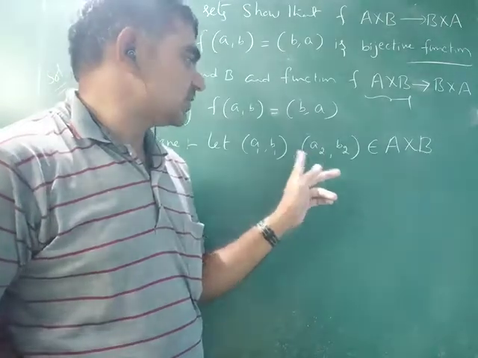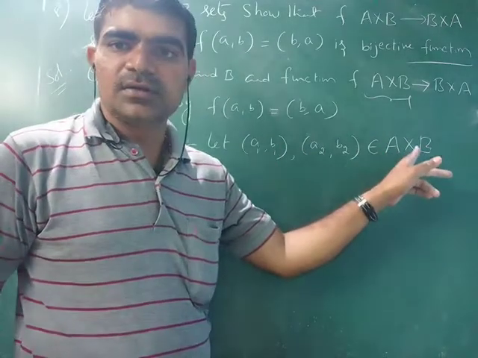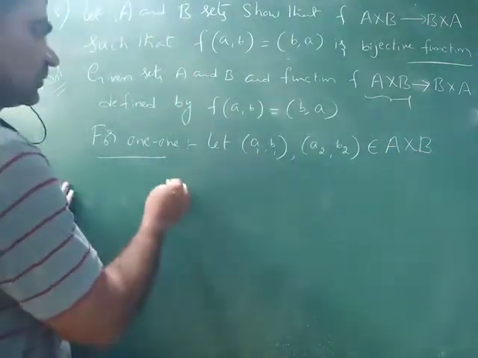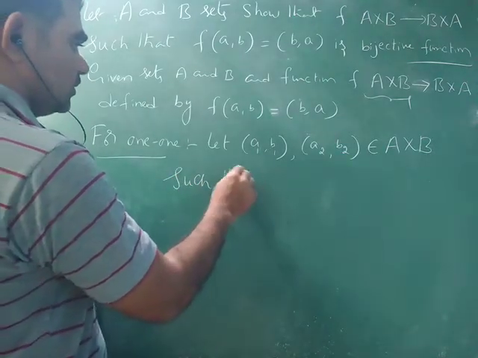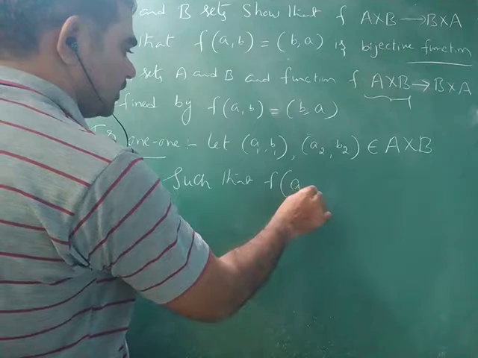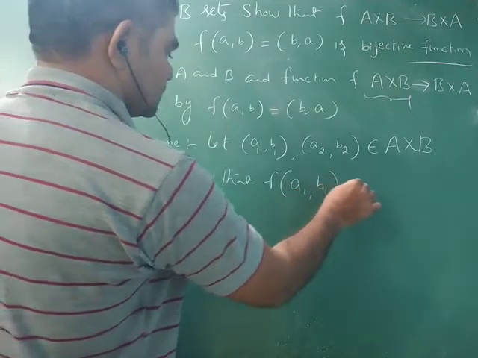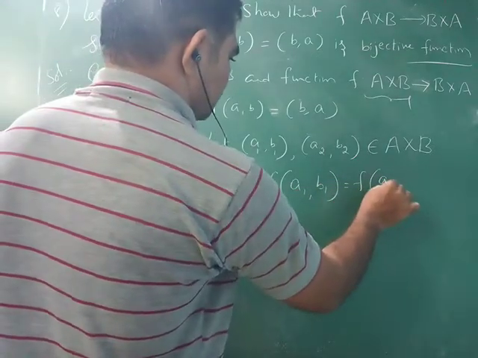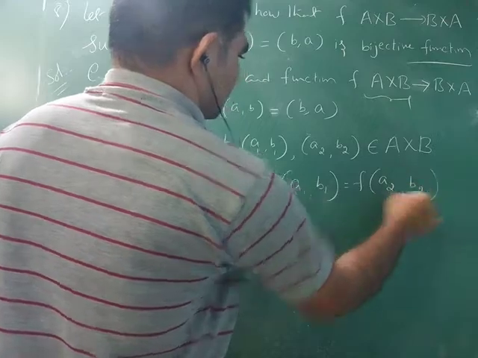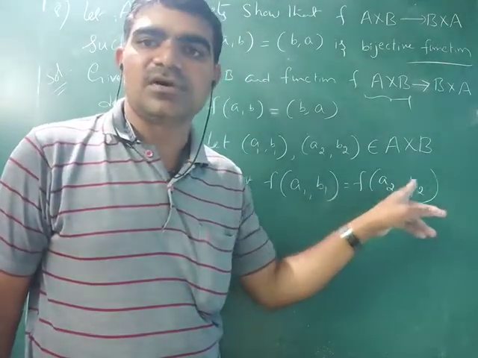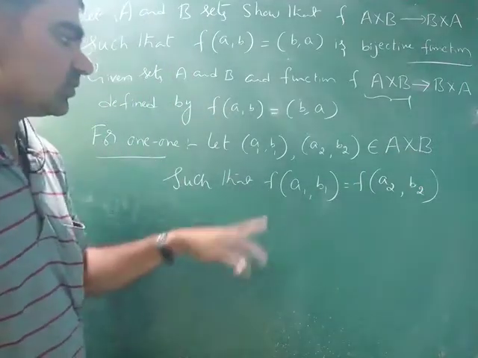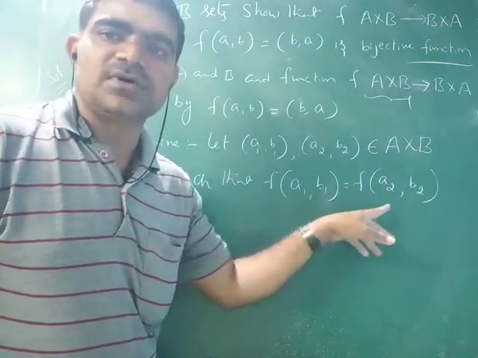We have taken two elements, a1 b1, a2 b2 in A cross B, such that f of a1 comma b1 is equal to f of a2 comma b2. It's like f of x1 is equal to f of x2.